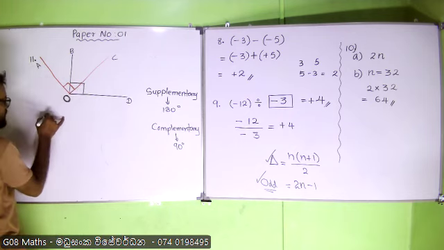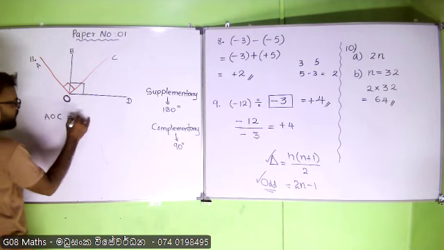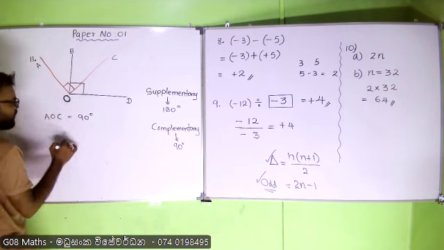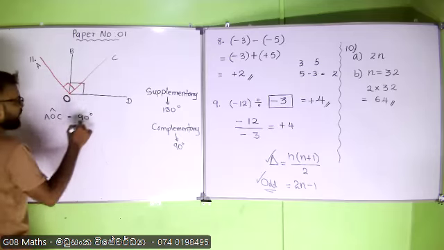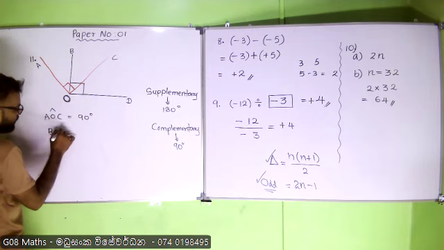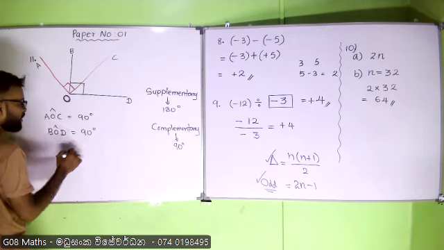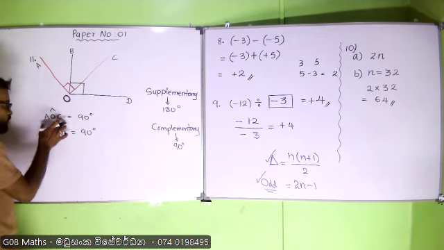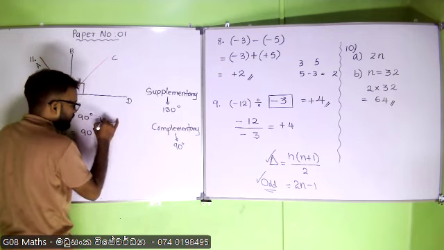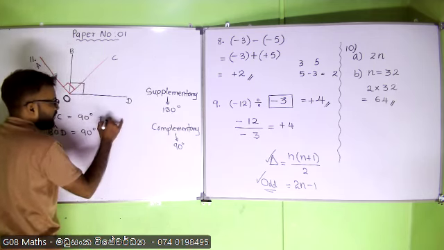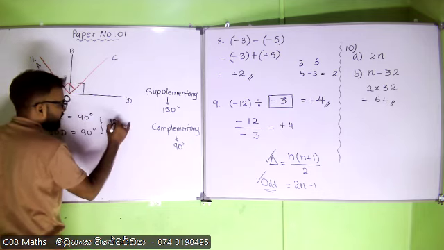AOC is 90. You know AOC equals 90 degrees. Right? AOC angle is 90 degrees. And also BOD angle is also 90 degrees. So now can you see? If you add these two angles, 90 plus 90, it will give you 180, right? If you add these two angles, you will have 180 degrees.